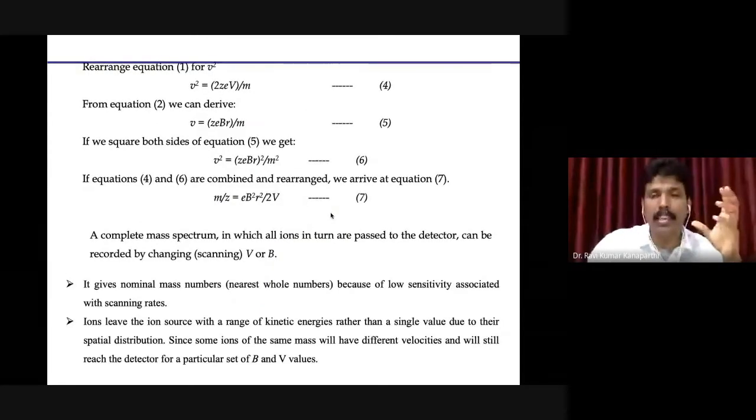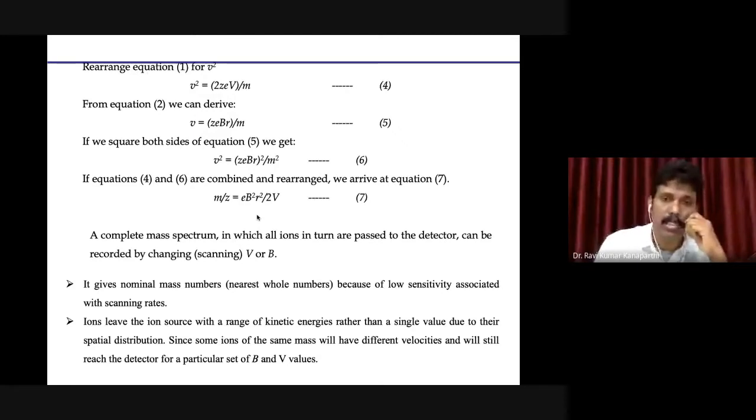The single focusing analyzer uses the magnetic field, and the magnetic field deflects the original path of the fragmented ion's motion, and they take a circular path. The m by z value depends upon these factors, and a unique fragmented ion will take a unique path under a constant static magnetic field and applied voltage.